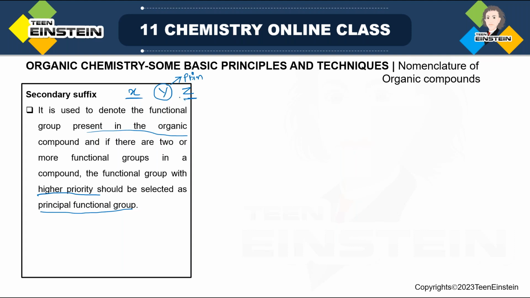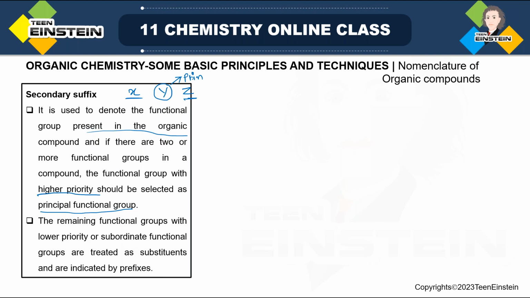So we have to first select the principal functional group, because when it is principal, the secondary suffix, the term that we are going to use for Y, and when Y is not principal, the term that we are going to use, these two are not the same. So it is important to understand which group you are giving higher priority.